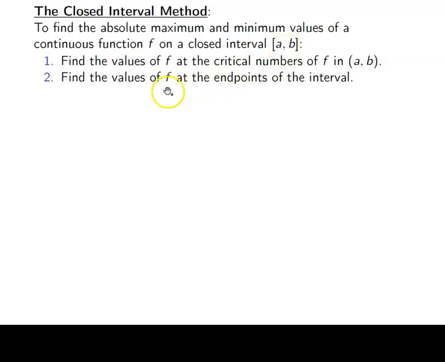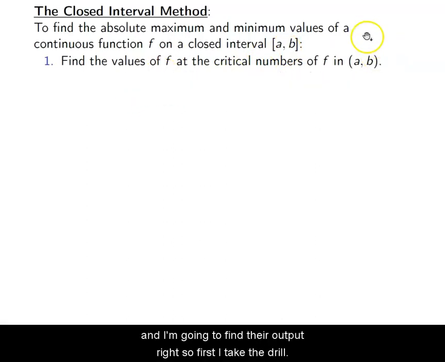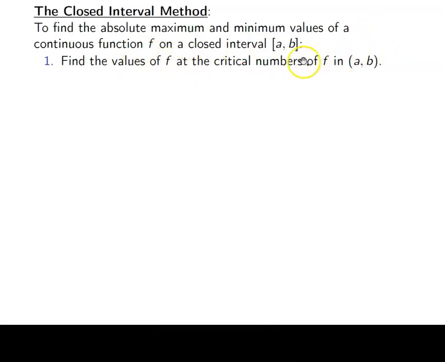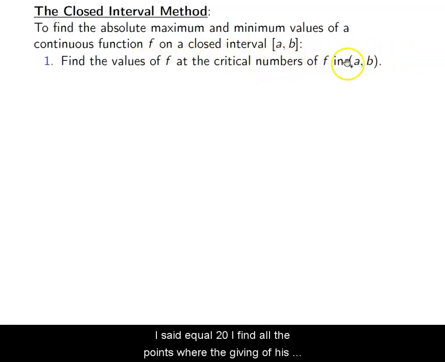Okay. Then what I'm going to do is I'm going to take those values and I'm going to find their outputs, right? So first I take the derivative, I set it equal to 0, I find all the points where the derivative is 0 inside of this interval, and then I plug those values into my original function so I can see what all their outputs are.